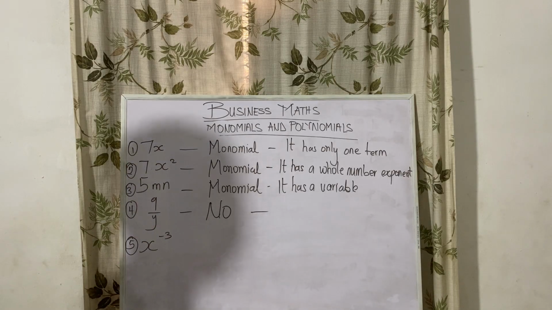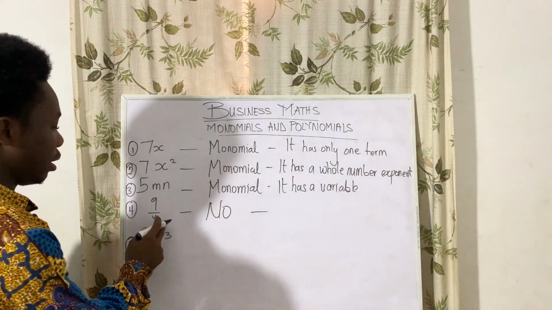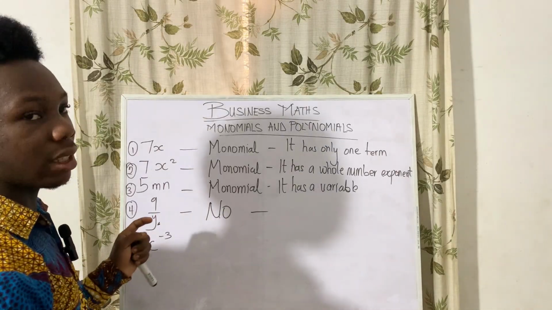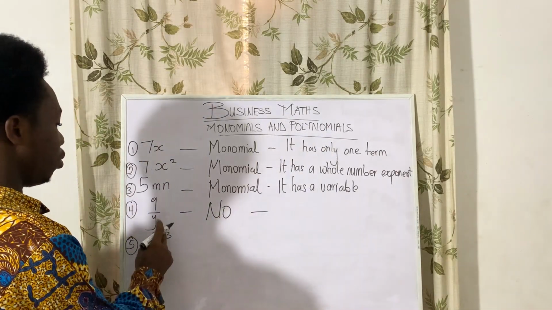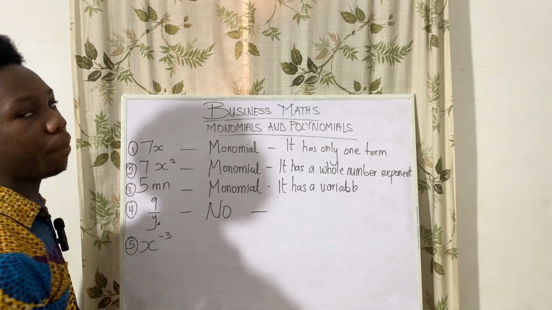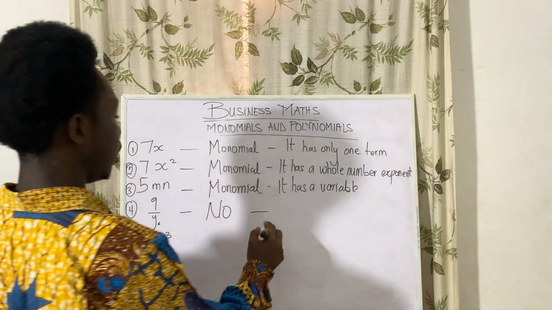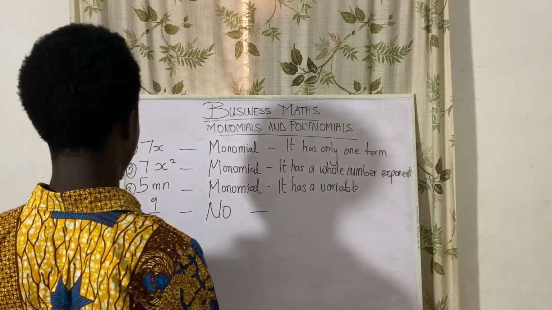Note that if there is a variable in the denominator, it is not a monomial. In case this was a number, maybe this would be a monomial. But since this is a variable, it's not a monomial.